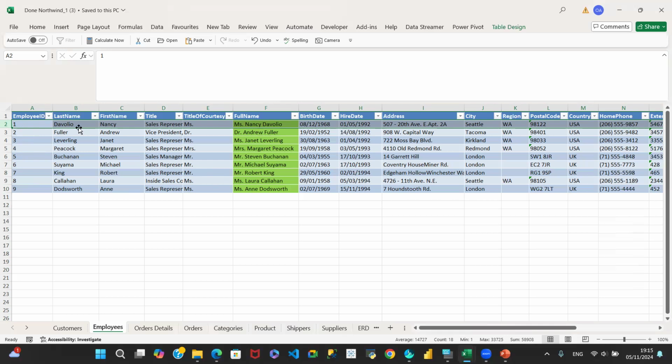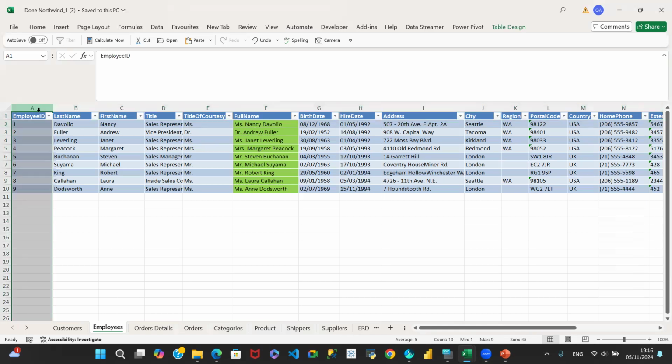So if we have another Davolio Nancy, definitely their employee ID cannot be 1. That is how I, as a data analyst, get to identify these 2 people as different. Okay, so again, this is a unique identifier.